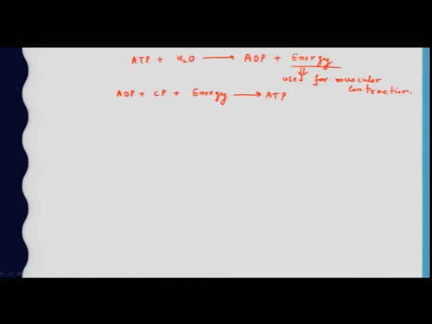It is a completely reversible process. Thus CP acts as a backup energy source by reacting with ADP to replenish the supply of ATP for continued muscle activity.